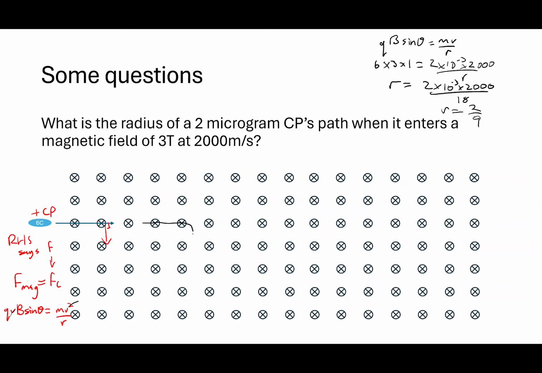So there will be a path where the radius is 2 over 9 meters. Does anyone have any questions with that? Micro, 10 to the negative 6? Yeah, probably. Whoopsies.